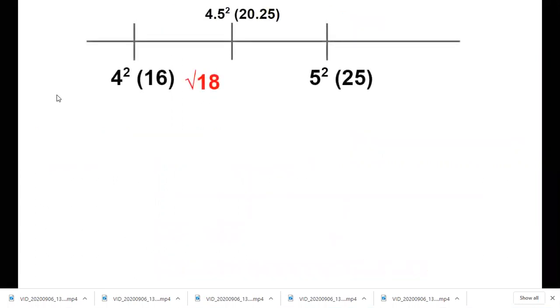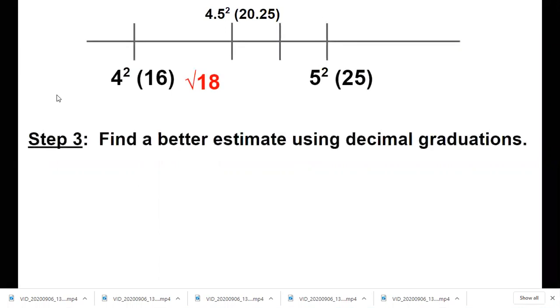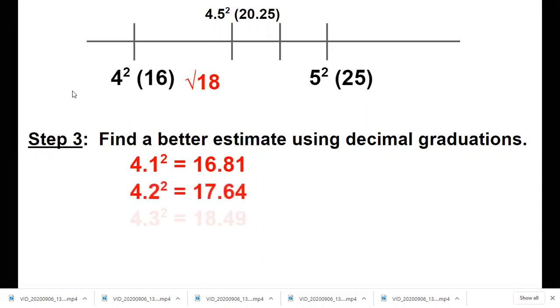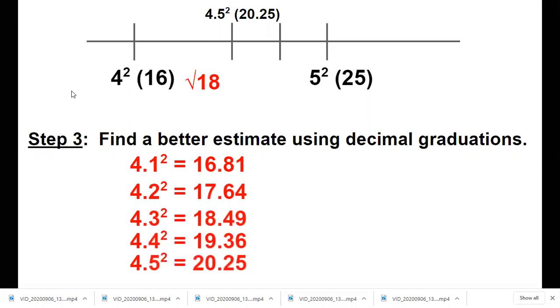Okay, there we are. Now we are going to get a better estimate using decimal graduations with our new upper limit of 4.5. So we're going to put some approximations up there. 4.1. Why did I start with 4.1? Because I'm not going to go any higher than 4.5 now. So 4.1 squared, 4.2 squared, 4.3 squared, 4.4 squared, and then we know what 4.5 squared is.